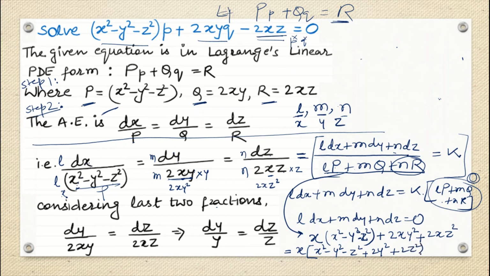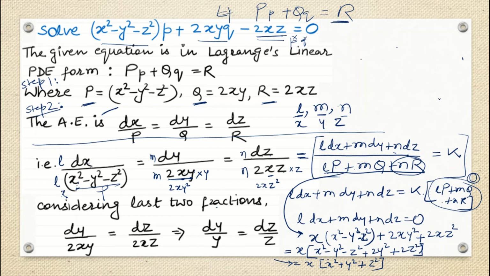Okay, and then it is nothing but x into x square, then 2y square minus y square will give you plus y square, and similarly 2z square minus z square will give you plus z square. Okay, x square plus y square plus z square will not be 0, they are positive terms, and here I cannot say x is 0.